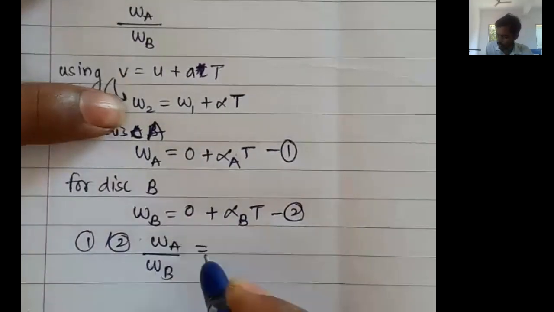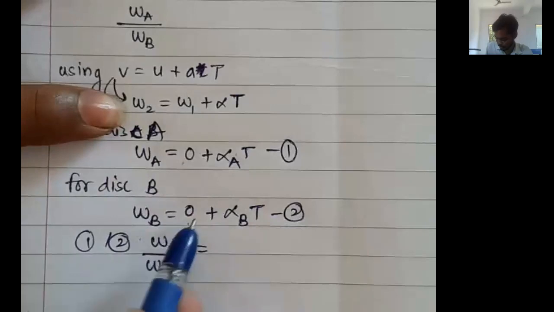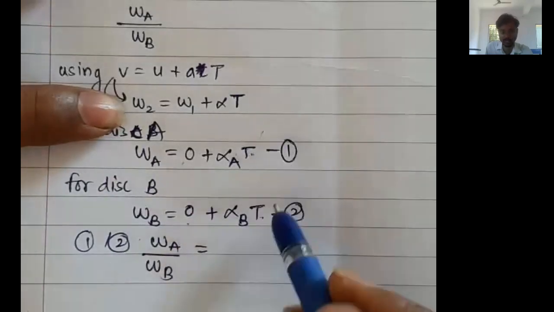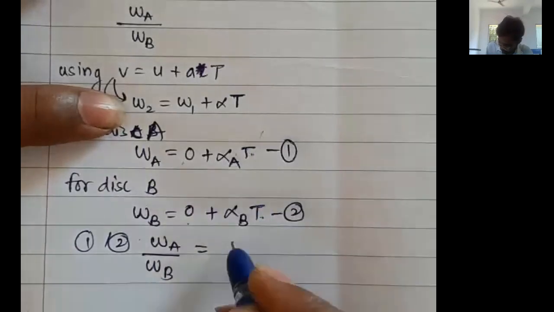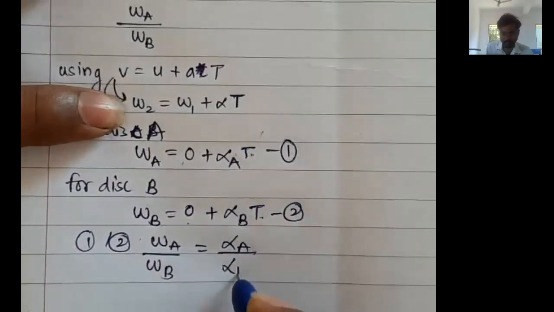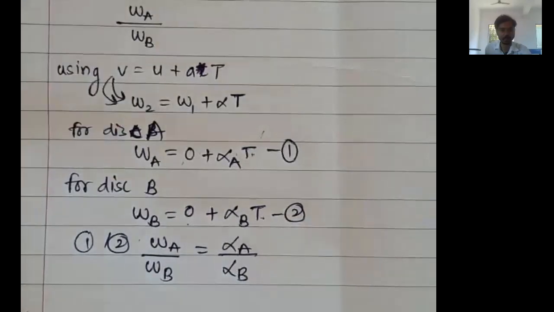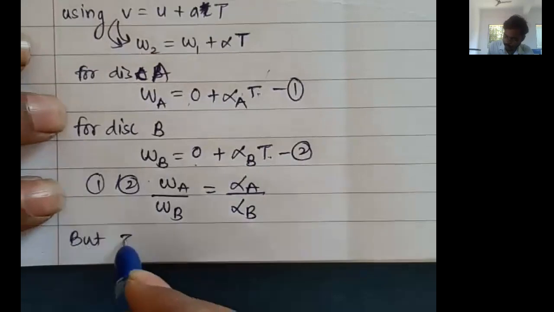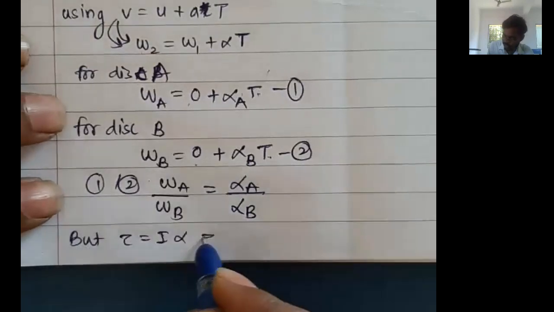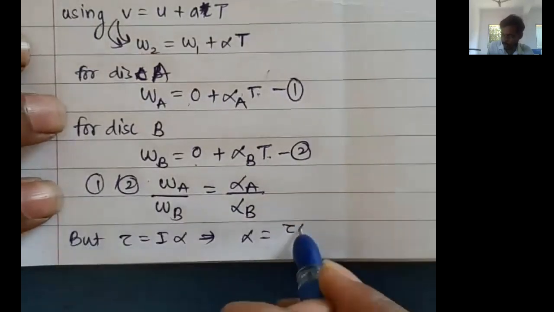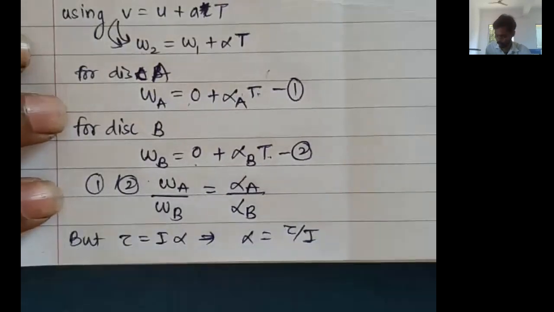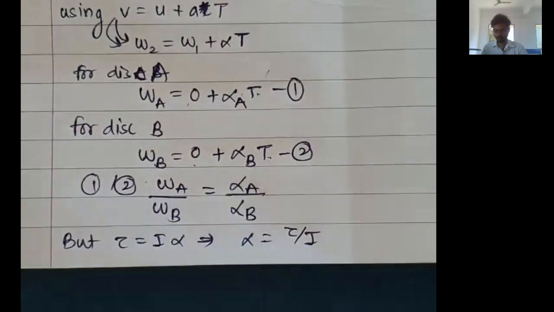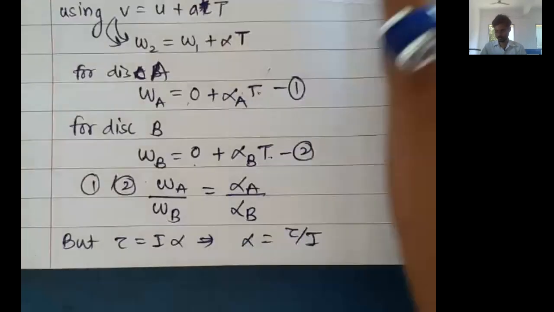This zero can be neglected. This t divided by t gets cancelled. Alpha A upon alpha B. But we know that tau is equal to I alpha, which implies that alpha is equal to tau upon I. So alpha can be replaced by tau upon I. Observe here what I am going to do next.